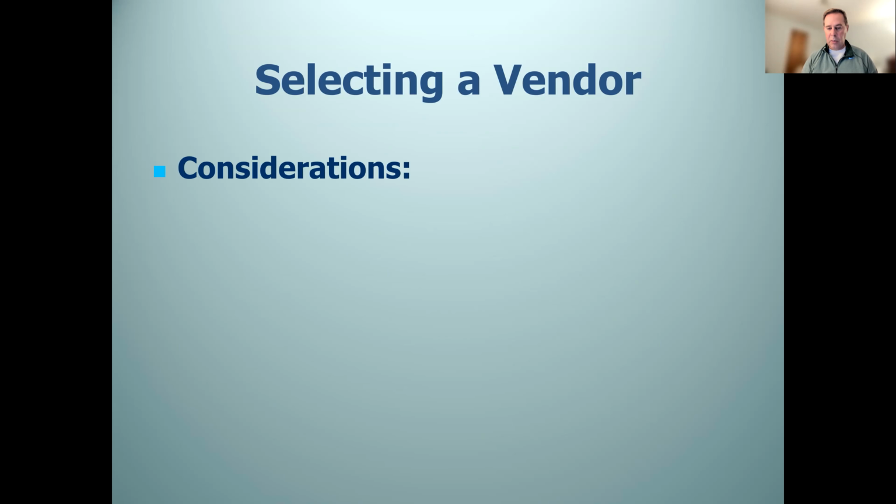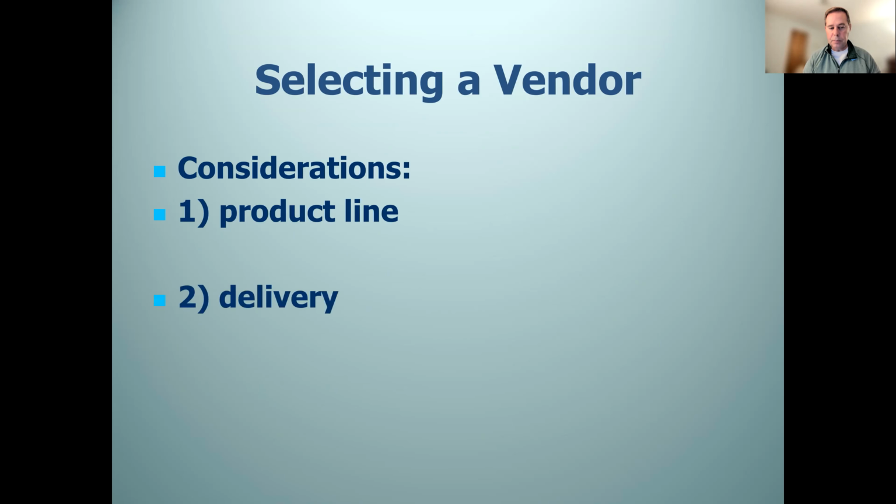And there are some different considerations we need to take into account when we're either selecting a new one or thinking about changing. So the first thing to do is to think of the product line itself, the quality, the availability, certainly the price, protection of the buyer's interest, so warranties and things like that. What exactly is being offered by the vendor.